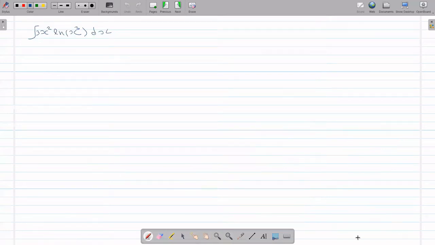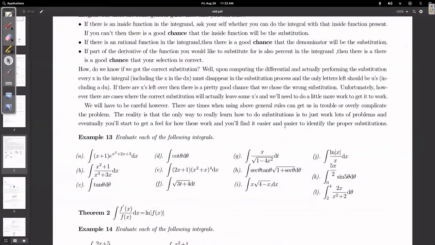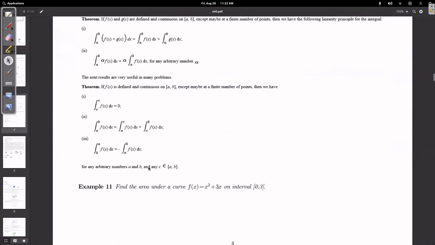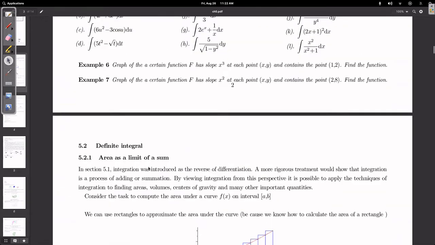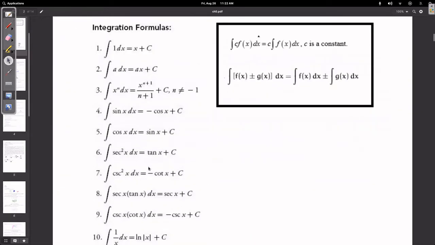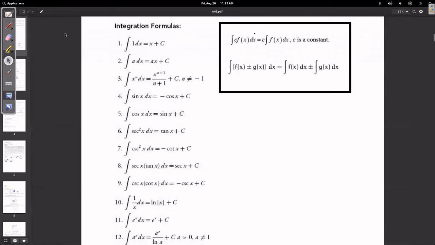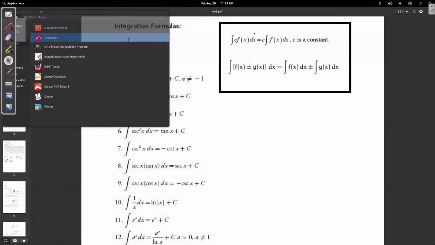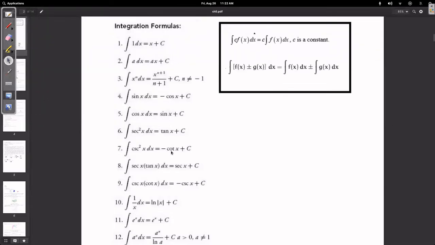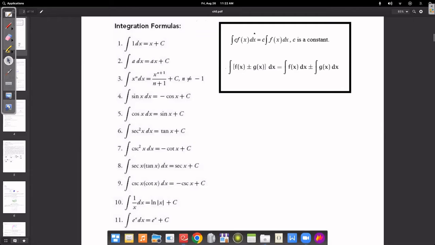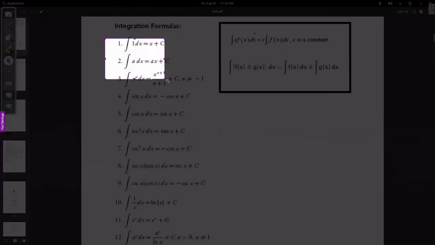Okay, write it down. We'll get these formulas again, so you can try and send it in the chat.